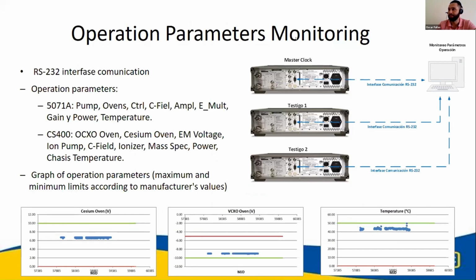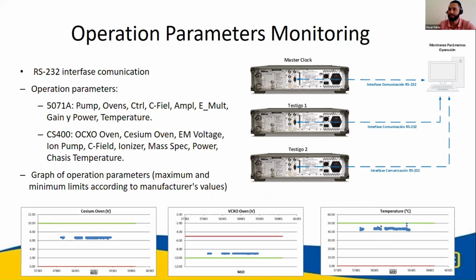Regarding the operation parameters monitoring that I already mentioned, we use another computer with a very simple program that just uses the serial interface to ask for the operation parameters of each clock.